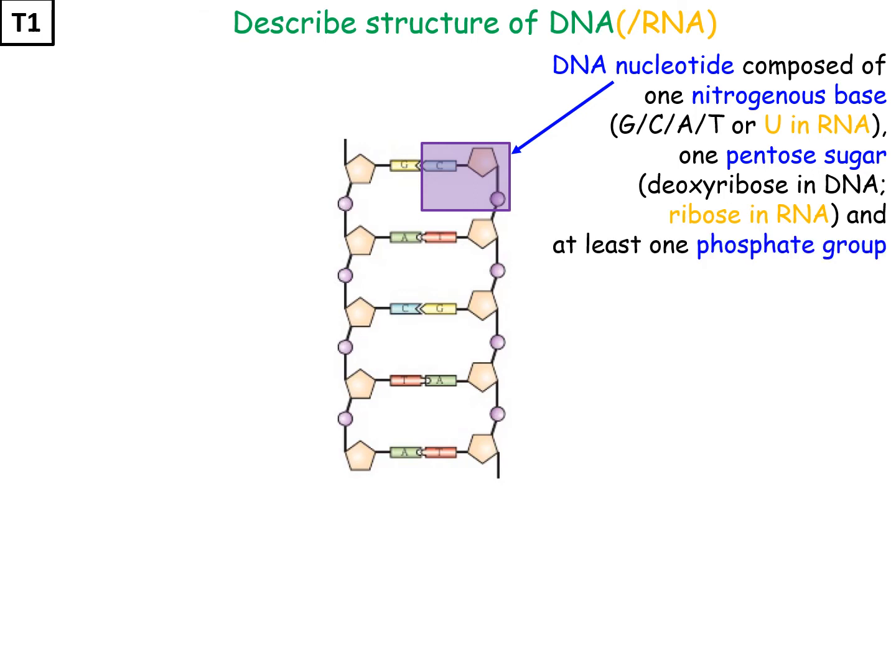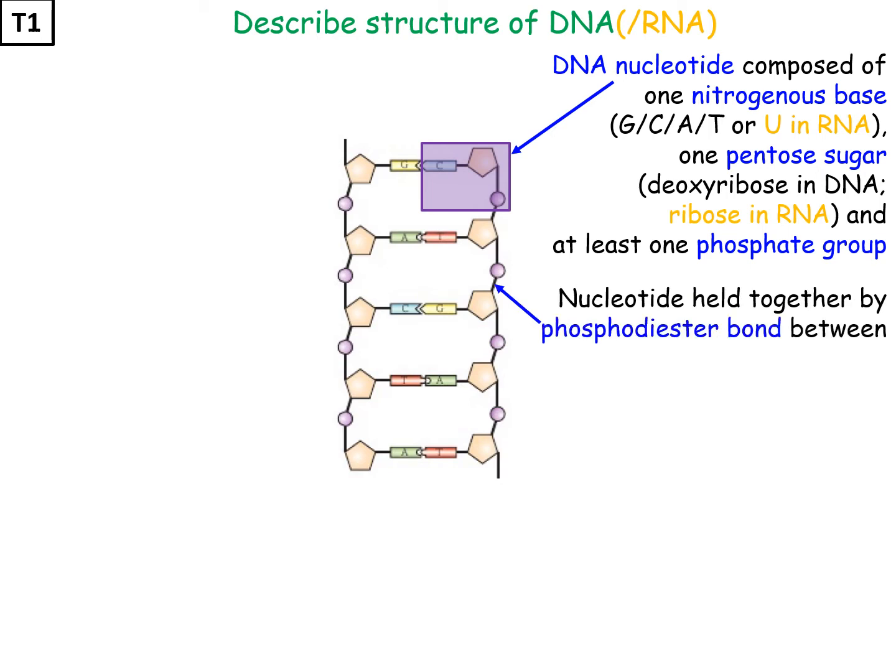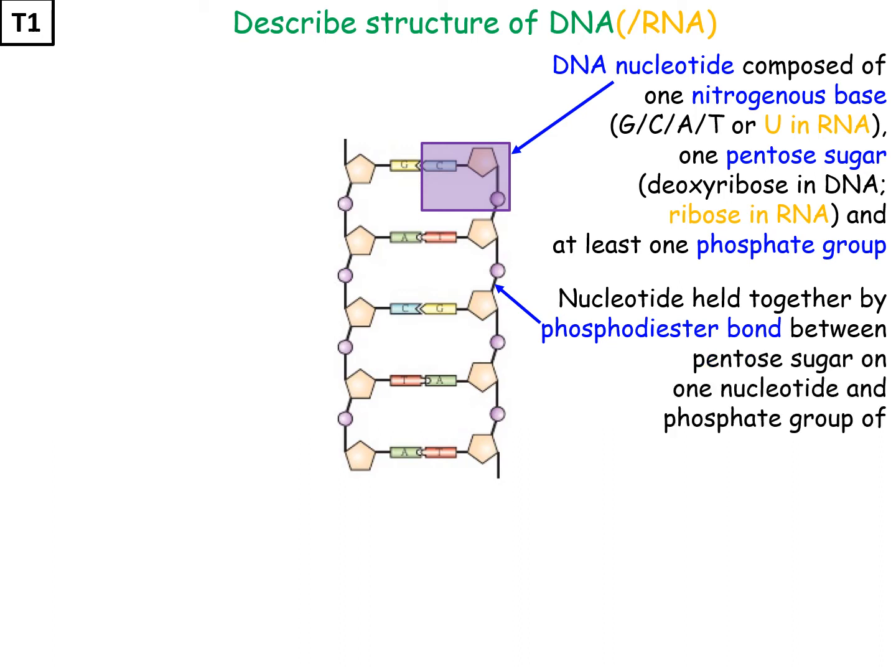And a DNA nucleotide is also made up of at least one phosphate group. So one nitrogenous base, one pentose sugar, and at least one phosphate group. These nucleotide monomers are held together by a phosphodiester bond, which happens between the pentose sugar on one nucleotide and the phosphate group of the adjacent nucleotide.